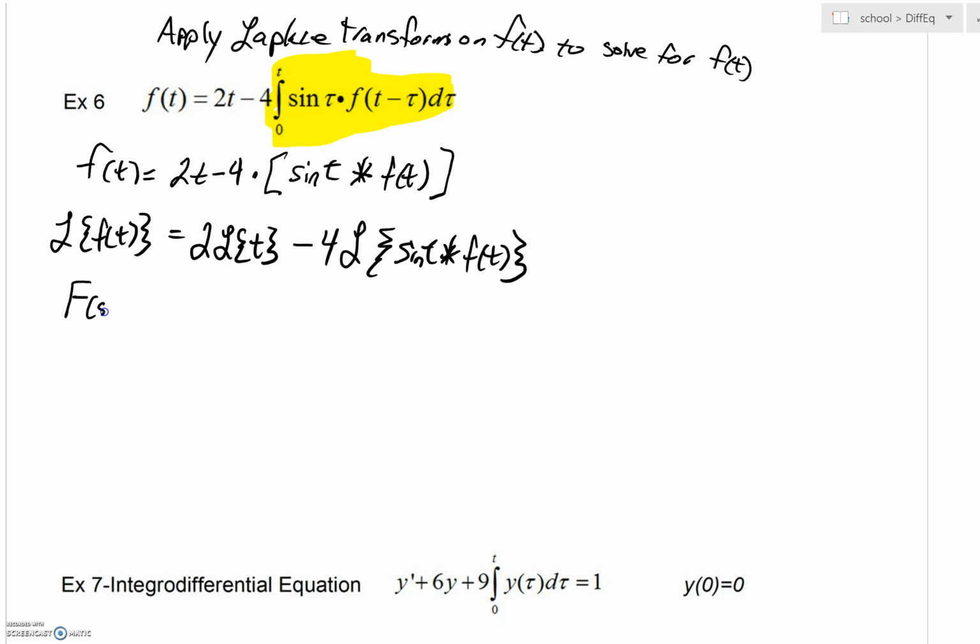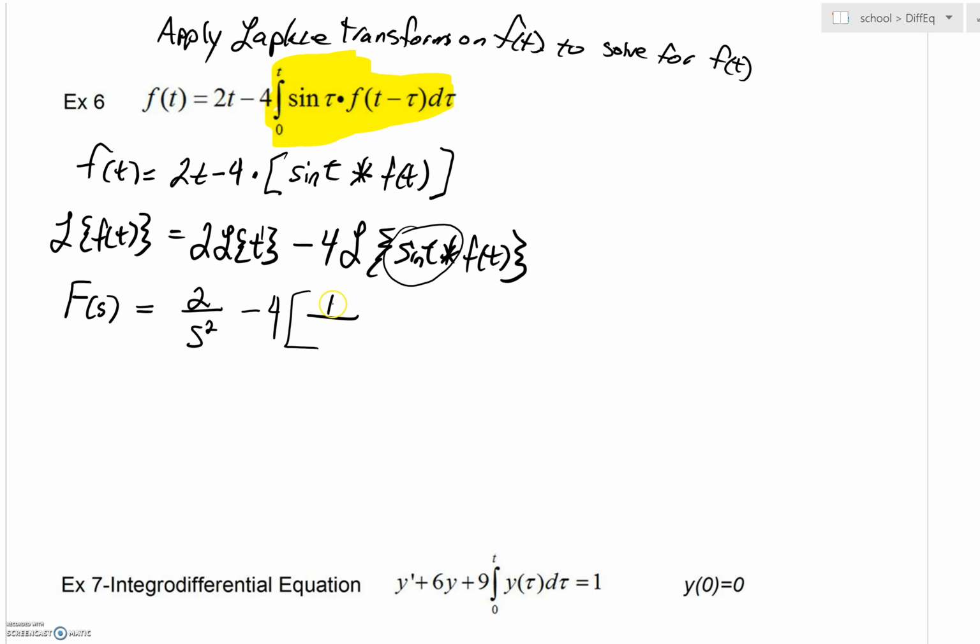Obviously, we've got the Laplace transform as capital F of s. The Laplace transform of t to the first is going to be 1 factorial all over s to the second. And then we'll have our minus 4, but right here now we're going to have a multiplication of the Laplace transforms. This is the sine of t as I apply the Laplace transform.